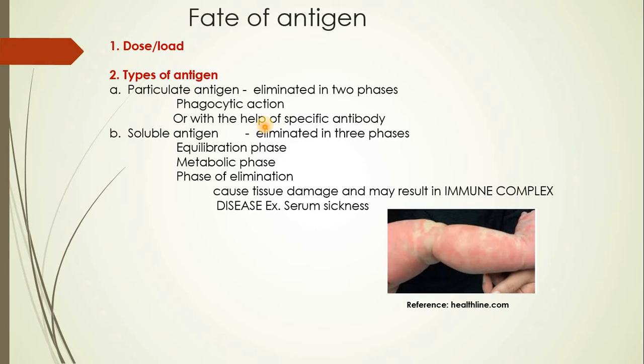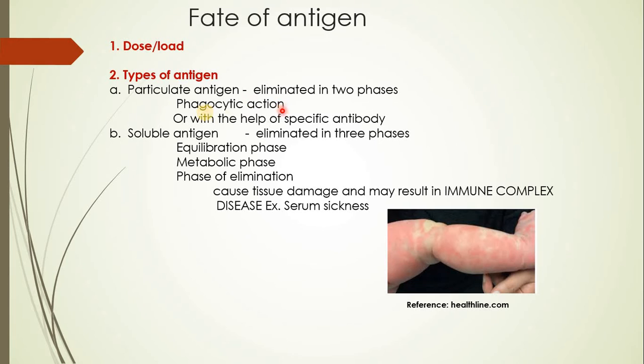The first phase is called the phagocytic phase, and the second one is with the help of synthesis of specific antibody. You know that any particulate antigen which is entering into the body will be engulfed by the phagocytic cells like the natural killer cells, macrophages, dendritic cells, or the other monocytes, and this is showing a non-immune response wherein the engulfed pathogen, by the action of these non-specific type of immunocompetent cell, will help in killing.